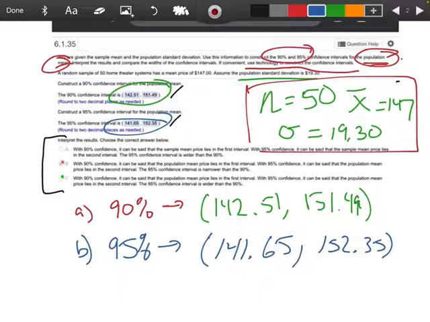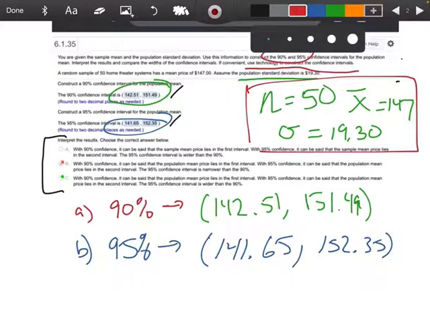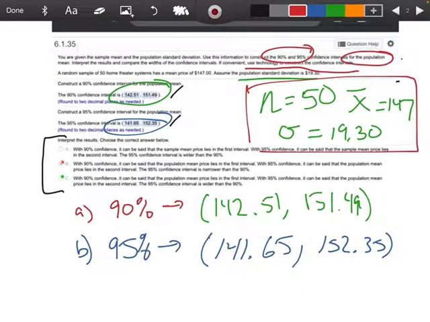Okay, so now it says interpret the results. So it says part A, if I look at each of the choices, with 90% confidence, it can be said that the sample mean lies within the first interval. But remember what it is we're looking for. We're looking for the intervals of the population mean. So that's why I know that A can't be my choice.